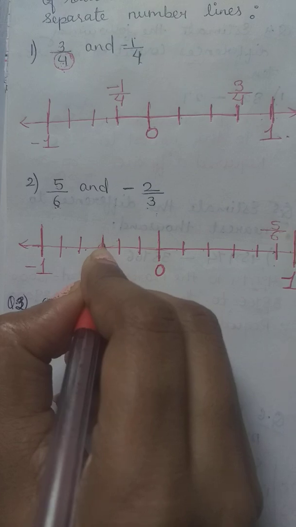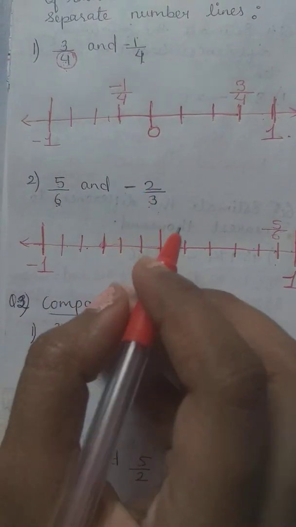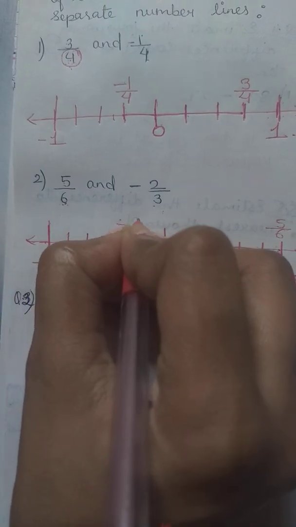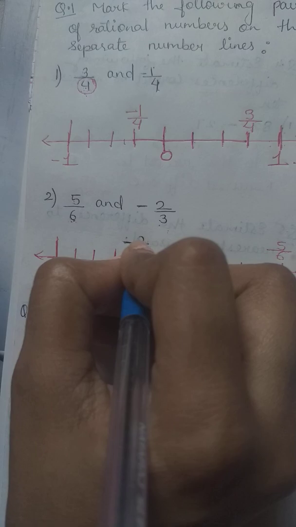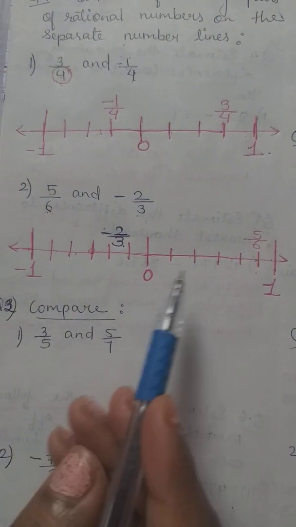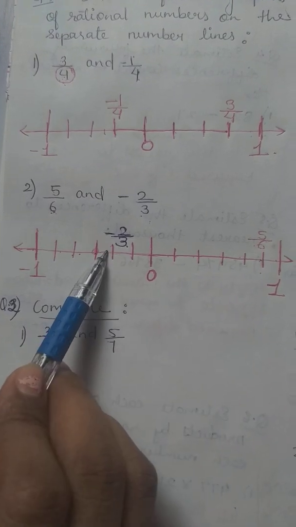Now 2 steps: 1, 2. So here is the answer, minus 2 by 3. This is 5 by 6 and minus 2 by 3.